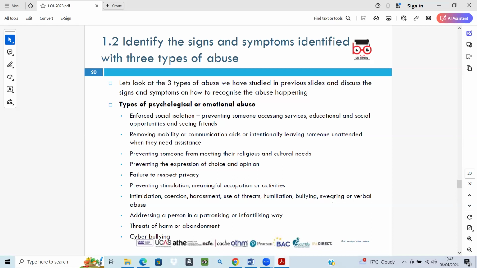Then we have a huge list here again. That is intimidation and harassment, use of threats, stimulation. So what would be the sign for those is the individual may display fear, low self-esteem, and signs of trauma could also be there.